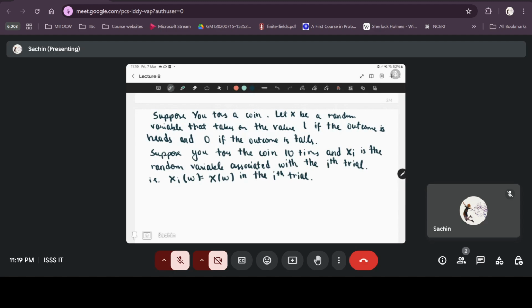So you can take X1, X2 up to Xn as 10 different random variables, where X1 of omega is 1 if the outcome of the first trial is heads, and 0 if the outcome of the first trial is tails.